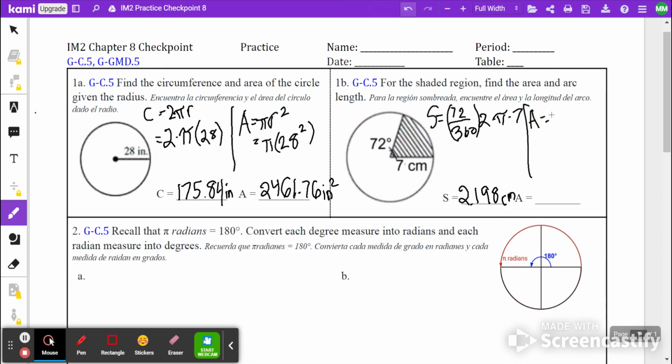The area of my sector is equal to 72 over 360 times pi times the radius squared, so times 7 squared. Okay, I'll do that as well.